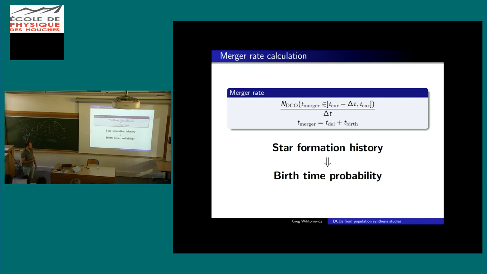And what star formation history gives us is just the birth time probability. This birth time probability, together with this delay time we get from the simulations, gives us this time of a merger which we need for this computation of the double compact object merger rate.